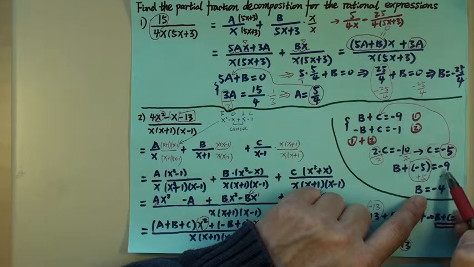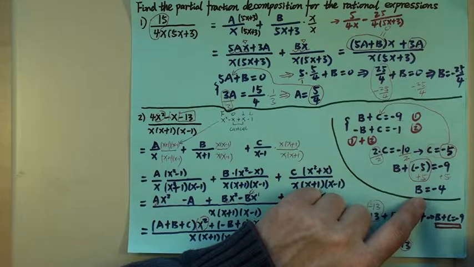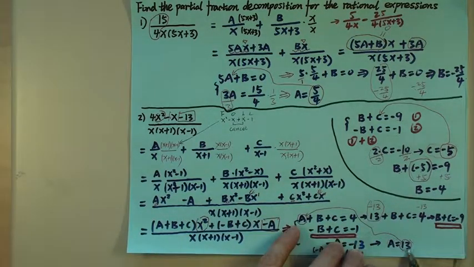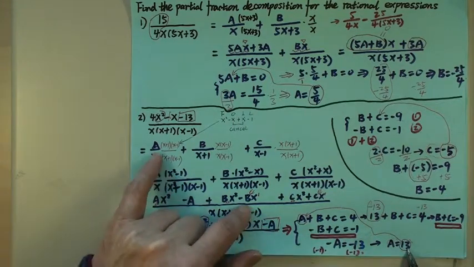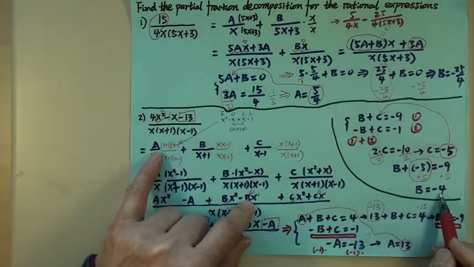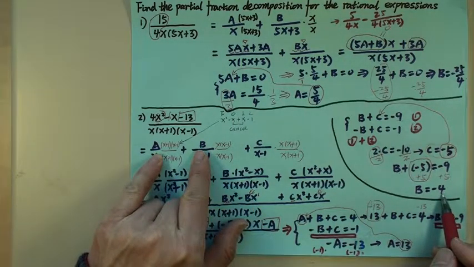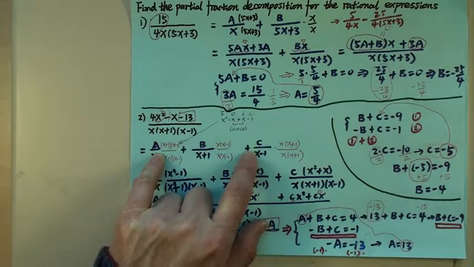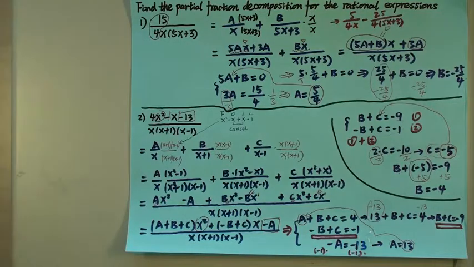The right-hand side is negative 9 plus 5, which is negative 4. So we then have all three values. A is 13, you put it back here. And b is negative 4, you put it back here. And c is negative 5, you put it back here. That will be the final answer. Okay? Please review this lecture. I'll see you next time.